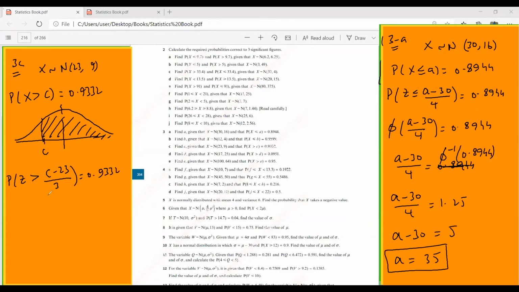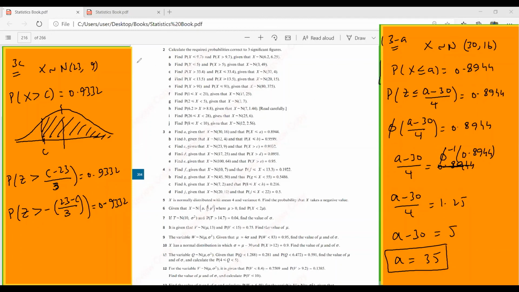Now, my children, you have to realize that this is minus. So let's make it minus forcefully. There is no harm in writing it like this, minus into 23 minus C over 3, because we want to show that there is a negative value because of which we have greater than, and that is going to be 0.9332.